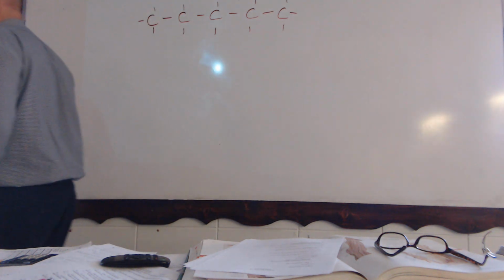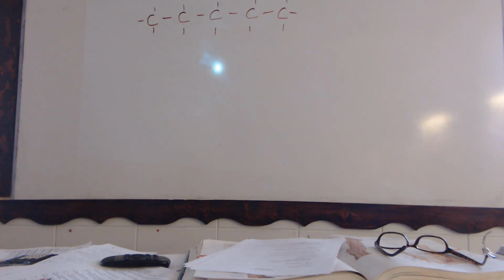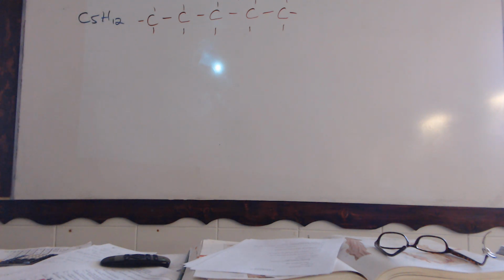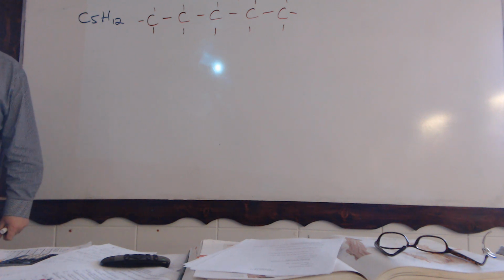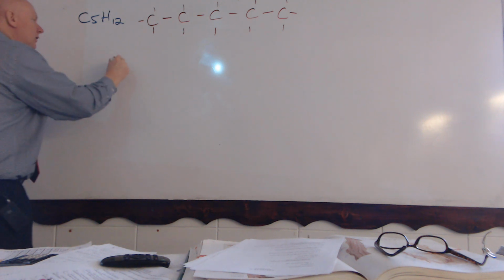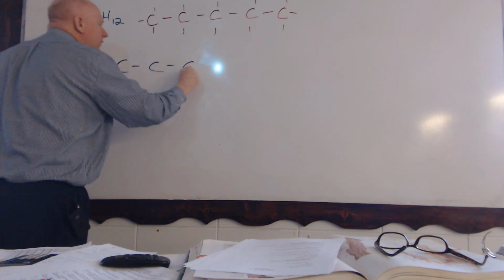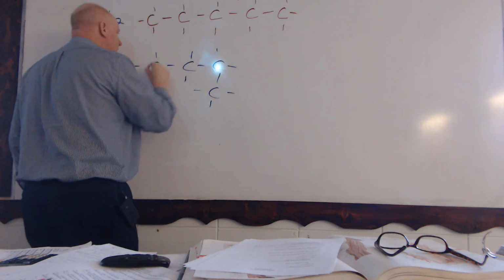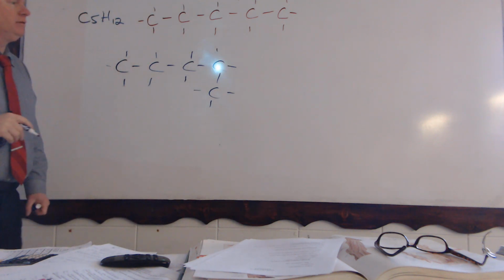So perhaps to answer this, let's give an isomer of this compound. In other words, we know we've got C5H12. So what would an isomer be? Because that's what it would appear a lot of you struggled with the most. I'll write the most common one that I had seen, an isomer.